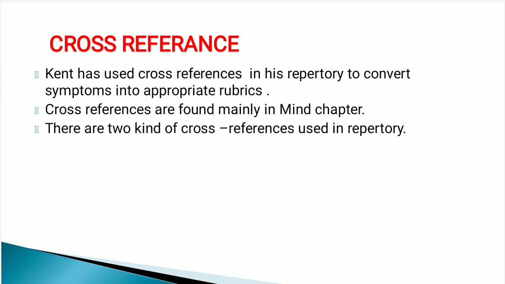Most of the cross references are found in the Mind section in Kent repertory, and there are two kinds of cross references used in the repertory.